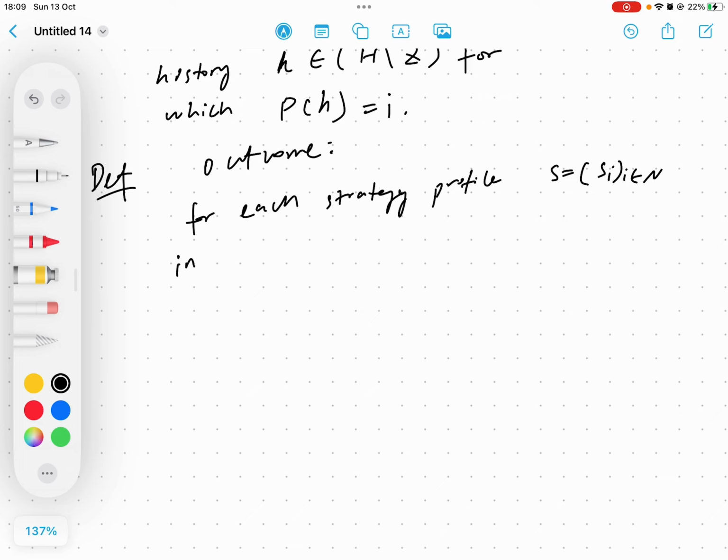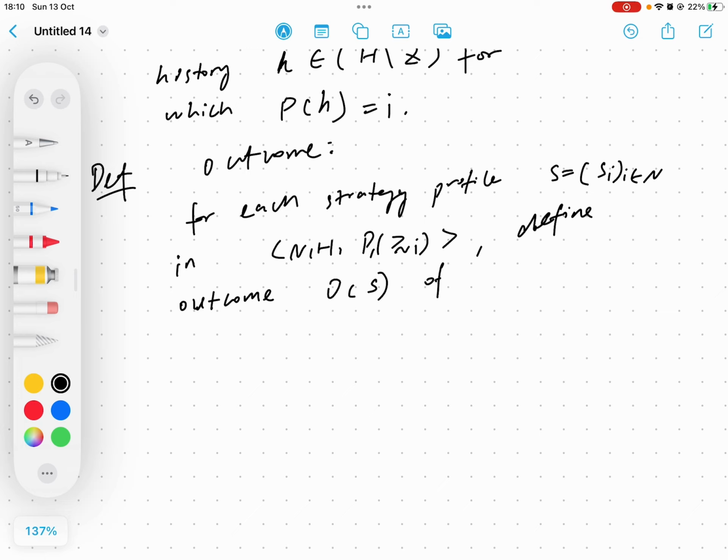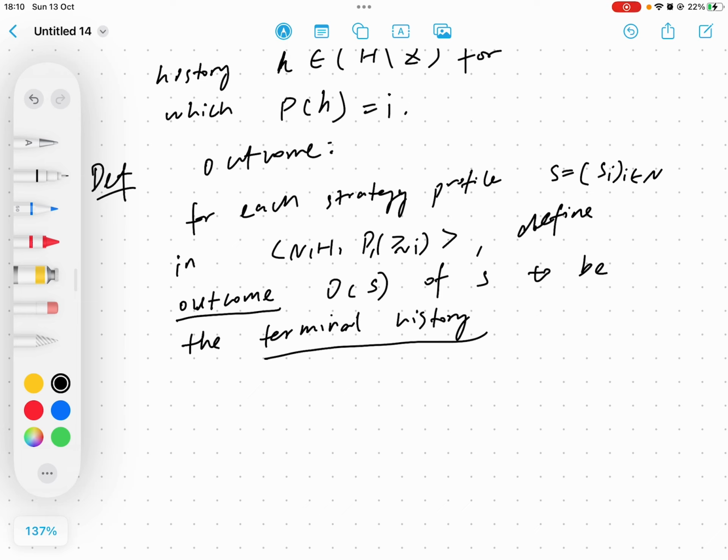In the extensive game with perfect information and preference. Okay. So we define the outcome of this profile s to be the terminal history. So the outcome is just the terminal history, right?